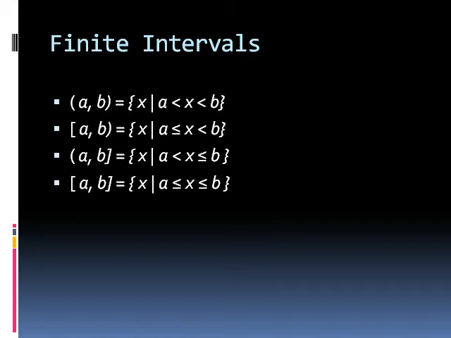On the last example, where the square bracket is next to both a and b, there are no open brackets, and the relationship is x can be greater than or equal to a, and x can be less than or equal to b.